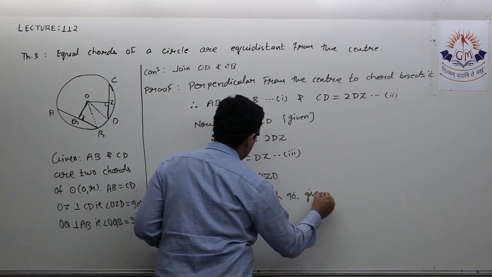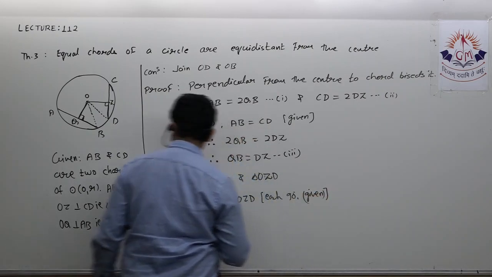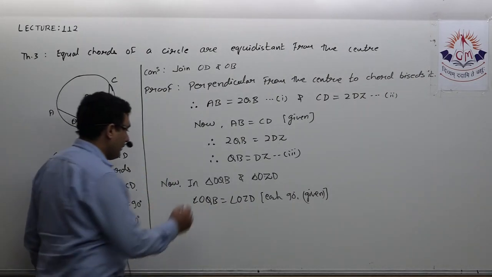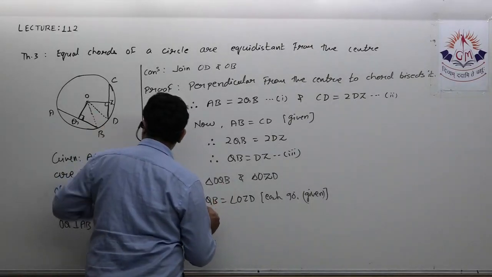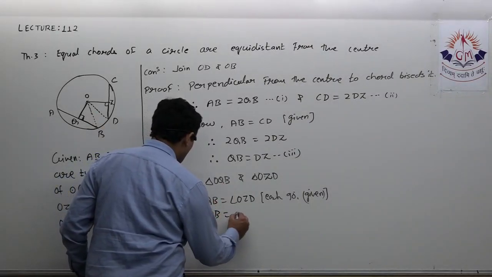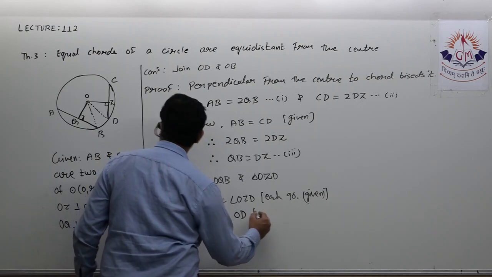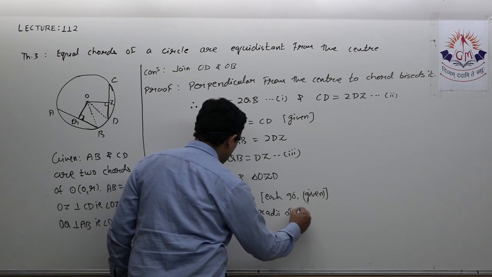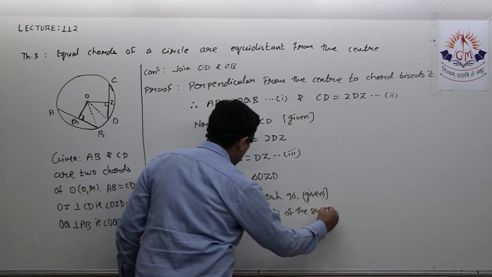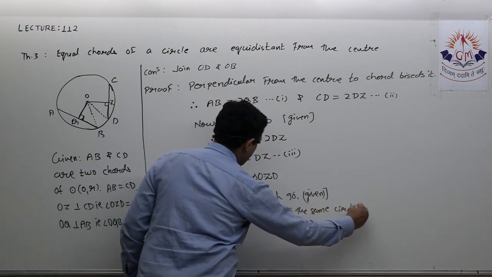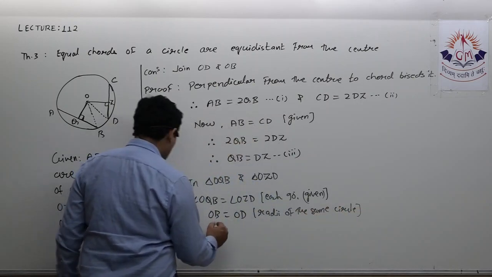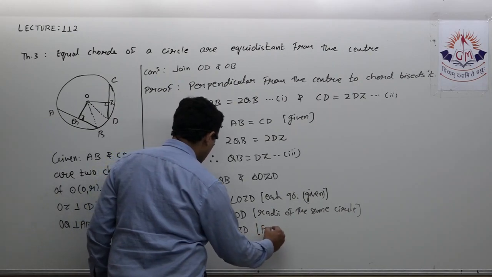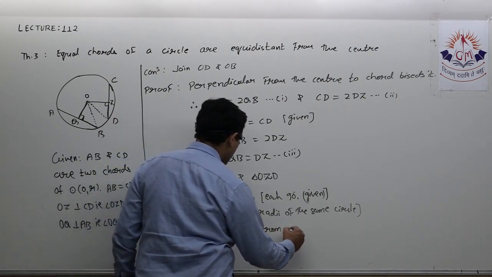It is not the construction, it is given, each 90 degrees, because we have to prove the perpendicular distances equal, so it is given. So this is the right angle. Now the hypotenuse OB is equal to OD, that is, radii of the same circle. And then QB is equal to ZD, that is from the third.